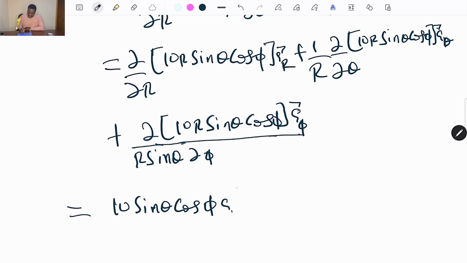Now we do the same thing for the next one. We have 1 over r, then we differentiate with respect to theta. You can see our sine theta. When we differentiate, we get what? Meaning 10r, sine theta gives you cos theta, right? So here we have cos theta now. The other one will be constant, so cos phi.